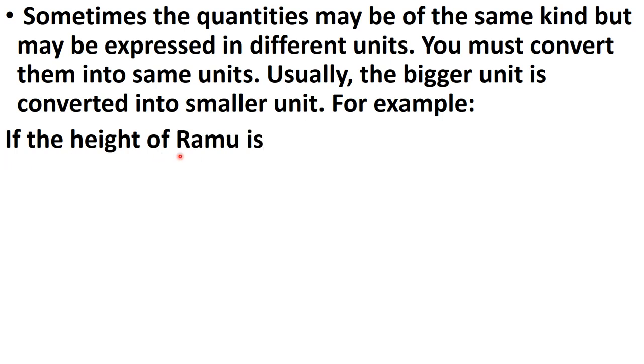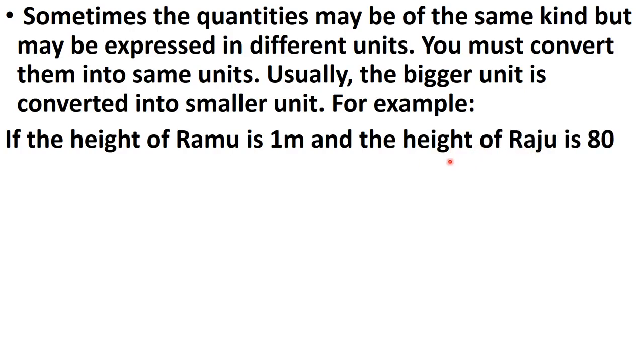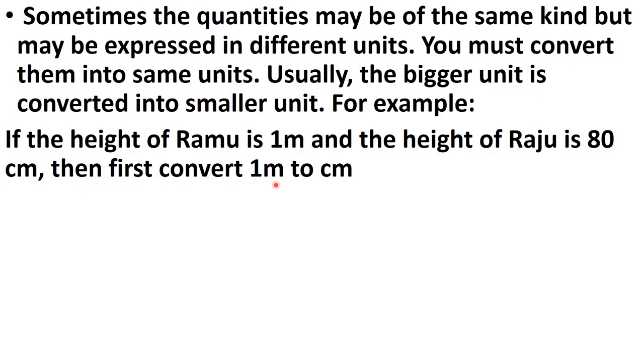If the height of Ramu is 1 meter and the height of Raju is 80 centimeter, then first convert 1 meter to centimeter. Now see, in this, Ramu's height is given in meter and Raju's height is given in centimeter.